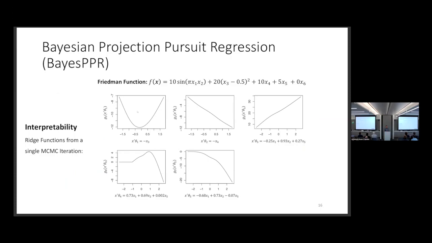And then one nice thing about this model is that it is relatively interpretable as far as a machine learning type model goes. So here at the top, this is the function we were trying to estimate in this case. This is called the Friedman function.